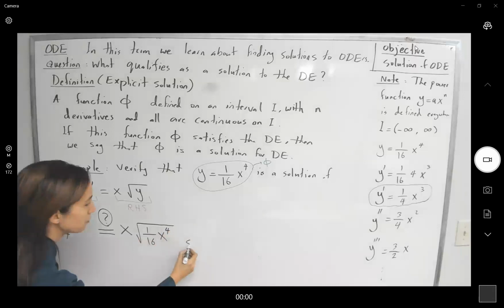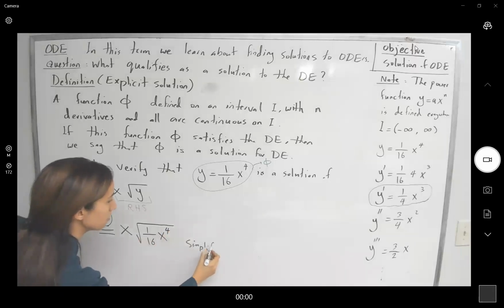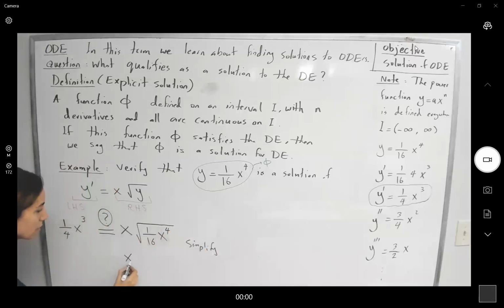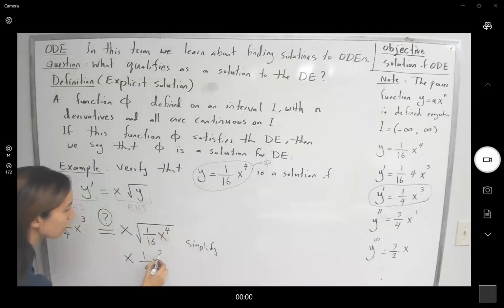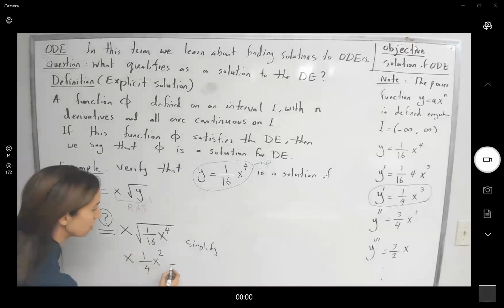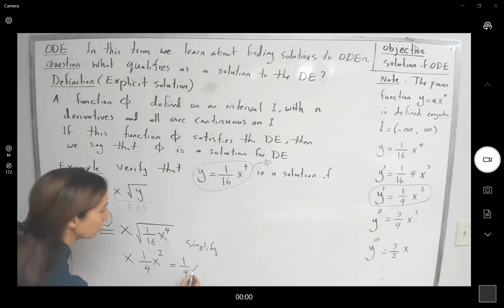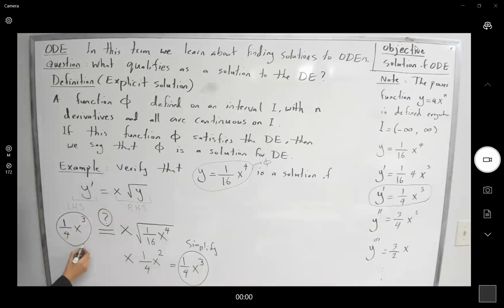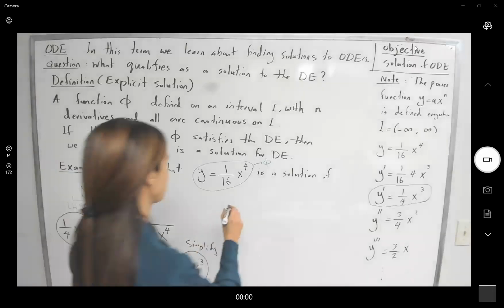Simplify this. You get x times 1/4 x squared. Simplify again. You get 1/4 x to the 3rd. Left-hand side and the right-hand side, they are equal to each other. So what is the conclusion?